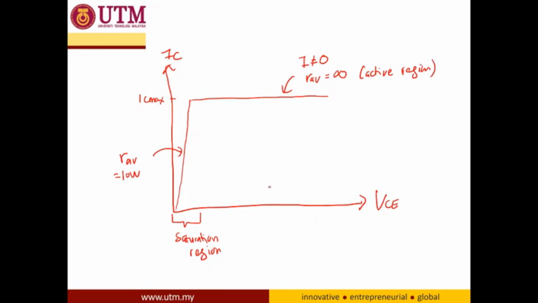And then the last one is the case where there is no current: IC is 0, and the average resistance is almost infinity. This is what we call the cutoff region.